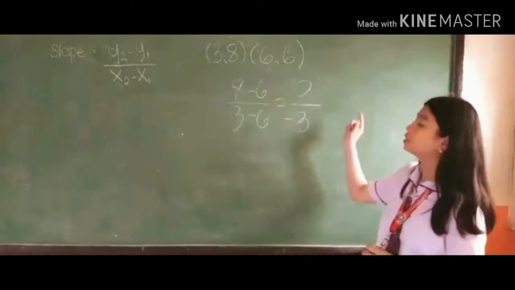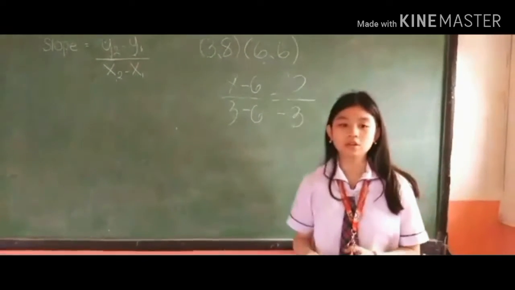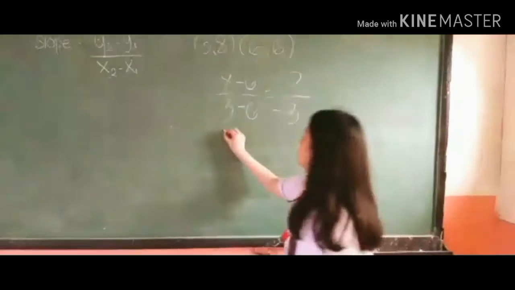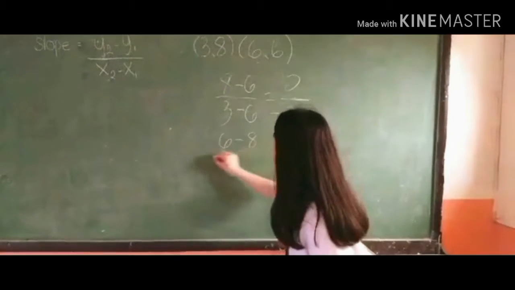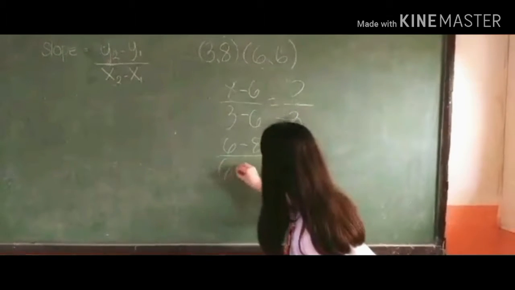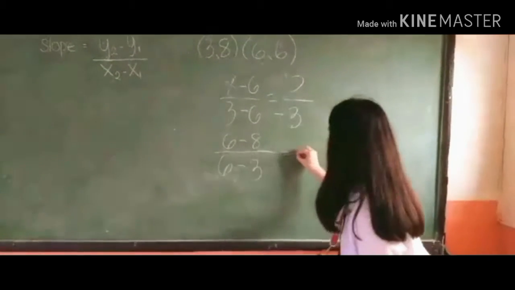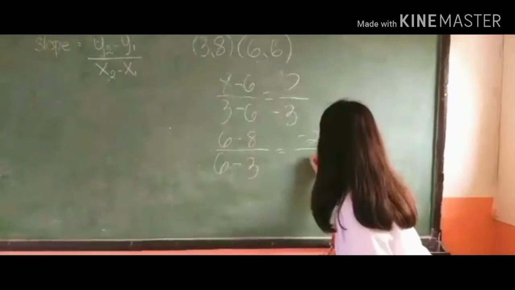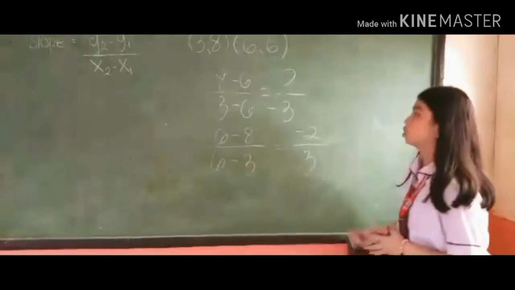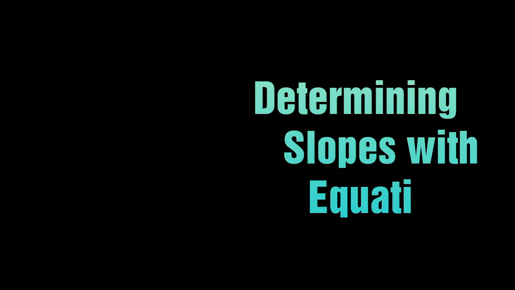So our answer is negative 2 over 3. If we switch it, 6 minus 8 over 6 minus 3 is negative 2 over 3. So we still have the same answer.